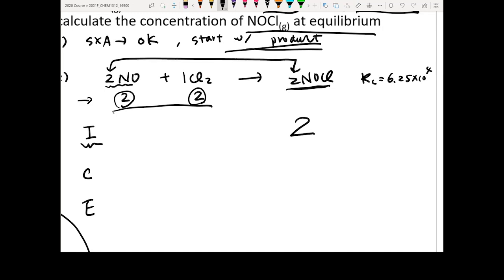Another important thing: if you consume all your NO, you only need to consume 1 M of your Cl2. Therefore, in your initial condition, you should still have 1 M of Cl2 remaining. This is a very essential concept you need to know.